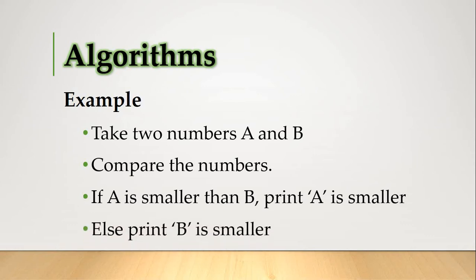Step 4. Else, print B is smaller. That means, if B is smaller than A, print B is smaller. These are the steps to find the smaller of two numbers. This is an algorithm. Students, read the book carefully to understand how to write an algorithm. Okay?